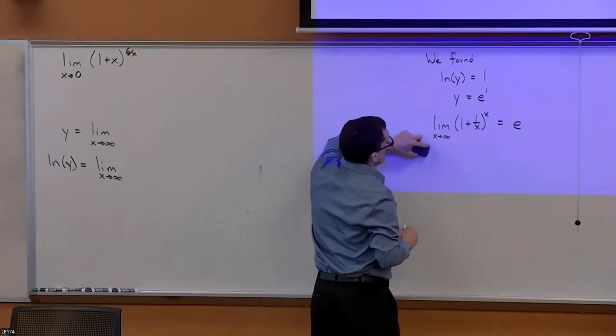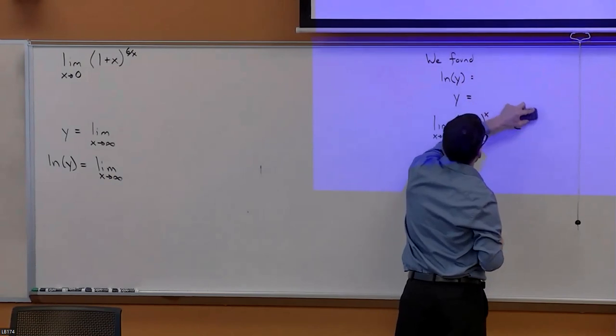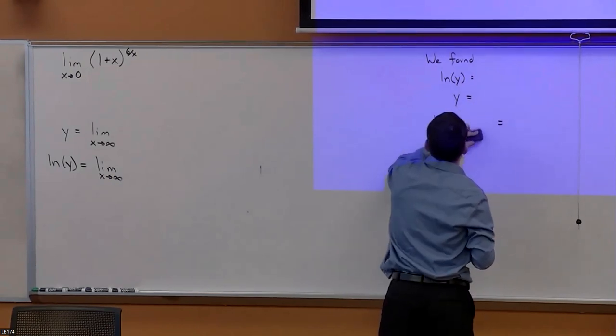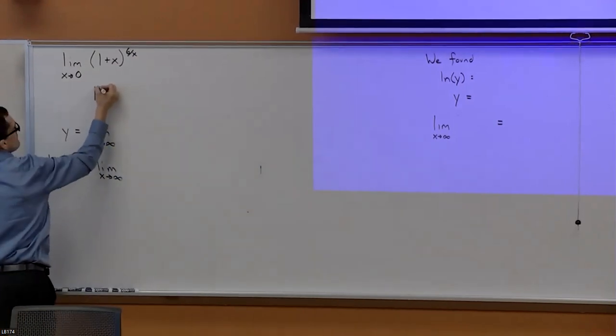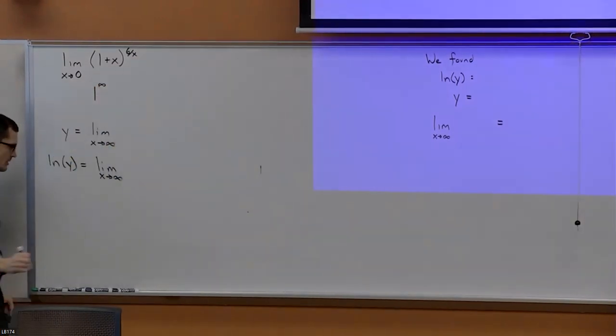So once again, we have 1 to the infinity as my indeterminate form. When I plug in 0 inside the parentheses, I get 1, and then 6/0 becomes infinity.